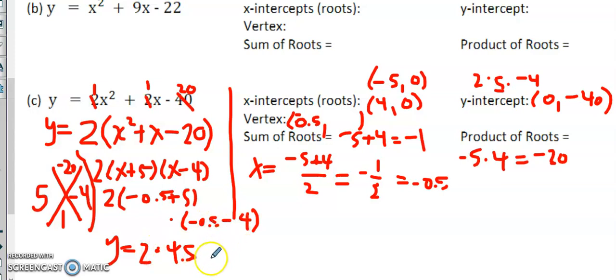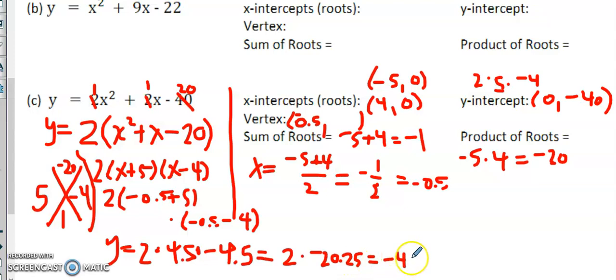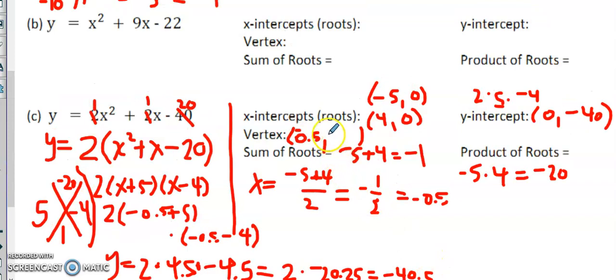And negative 5 minus 4 is negative 4.5. I'll focus on the decimal numbers first. So 4.5 times negative 4.5 is negative 20.25. And then I'm going to double that. So negative 40.5. And that is my y value of my vertex. Okay. So I hope that helps.